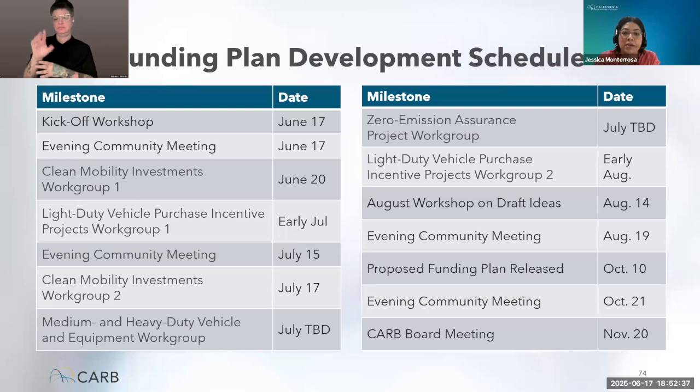Staff will then write the proposed plan and post it to the website on October 10th, when you have the opportunity to review and comment on the plan for 30 days. We'll have an evening community meeting on October 21st to discuss the proposed plan and answer your questions and listen to your comments. We'll present the proposed plan and hear verbal comments at the November 20th board meeting.